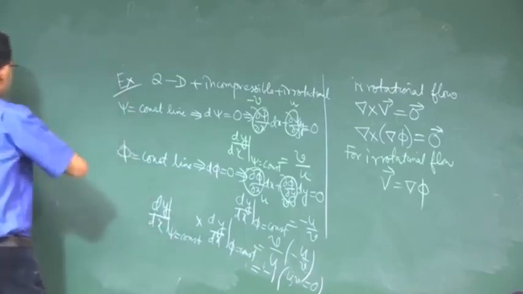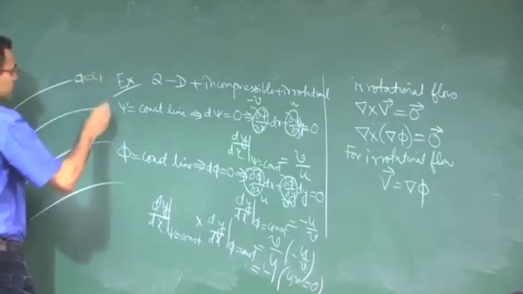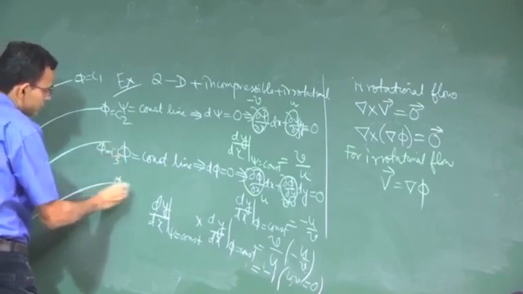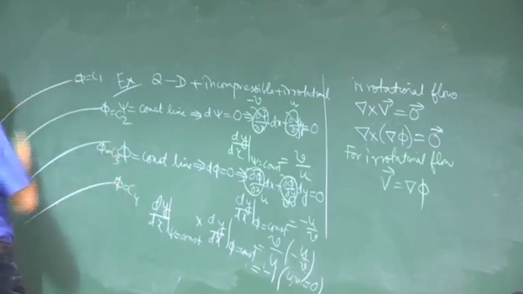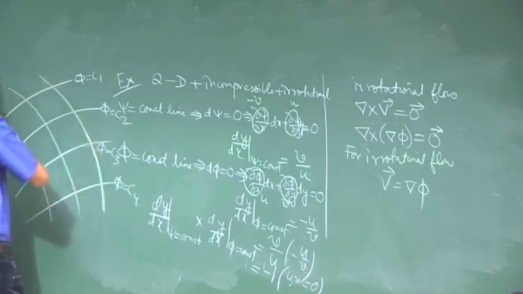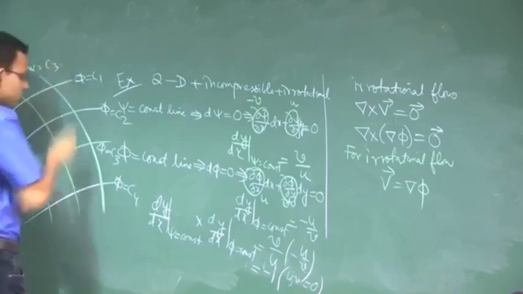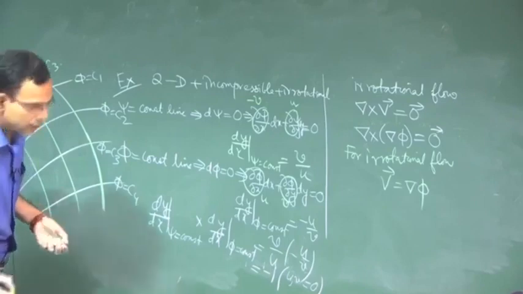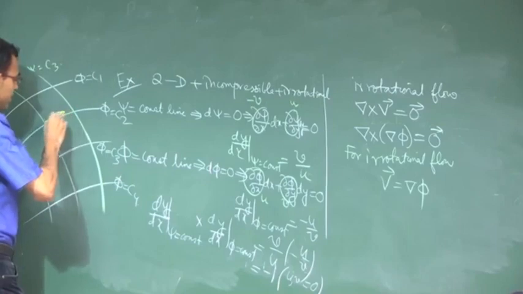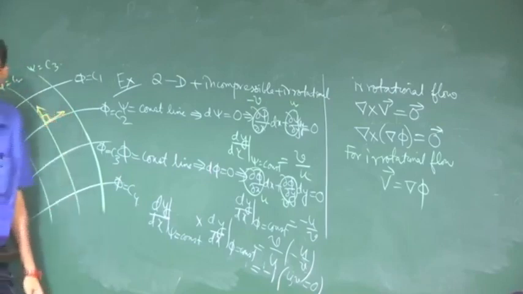So, you have say phi equal to constant and psi equal to constant, so they are orthogonal to each other, means if you draw a tangent at a common point, then the angle between them is 90 degrees.